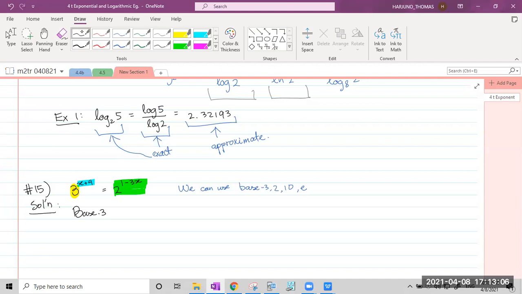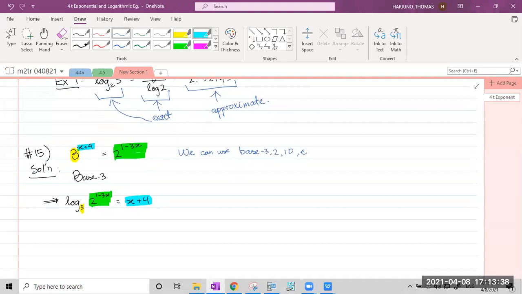I see that as exponential form, and I will rewrite it into log form: log base 3 of 2 to the 1 minus 3x equals x plus 4. Then, using property number 3, I bring the exponent 1 minus 3x to the front.